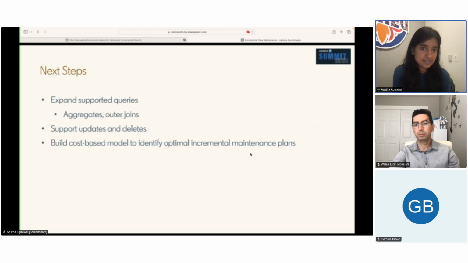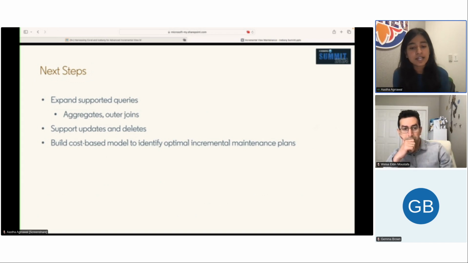So what are the next steps? At this point, we have demonstrated joins, and we've enabled efficient incremental maintenance for inner joins, and we want to extend the supported use cases and also enable it for aggregates and outer joins and other more complex queries.